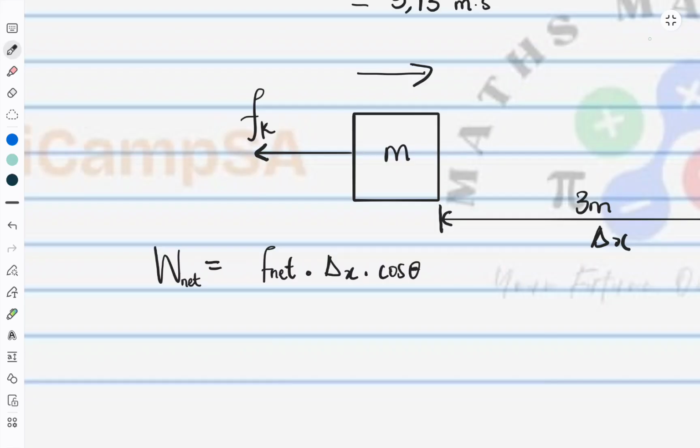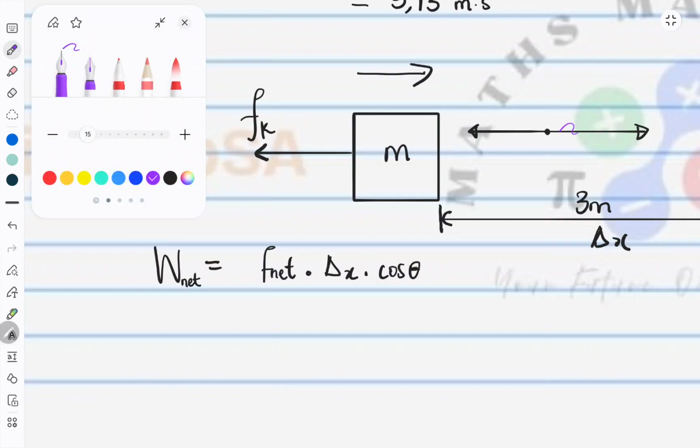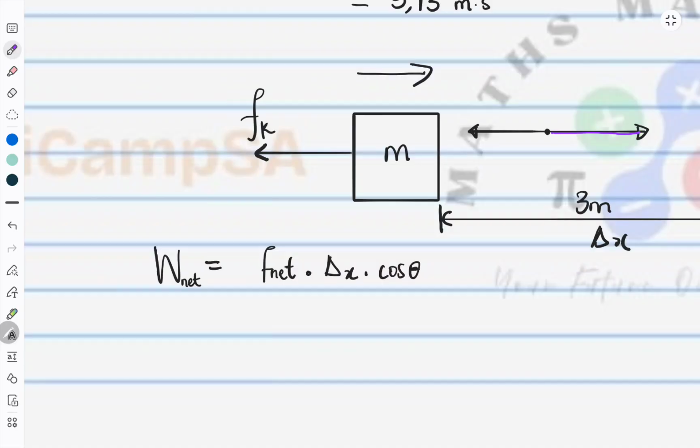The cosine depends on the angle between the force and the path or direction. If you check friction, the path direction is that side and the frictional force is going the other side. If we measure the angle between the path and friction, you'll find that theta is 180 degrees, so we must use cos 180.